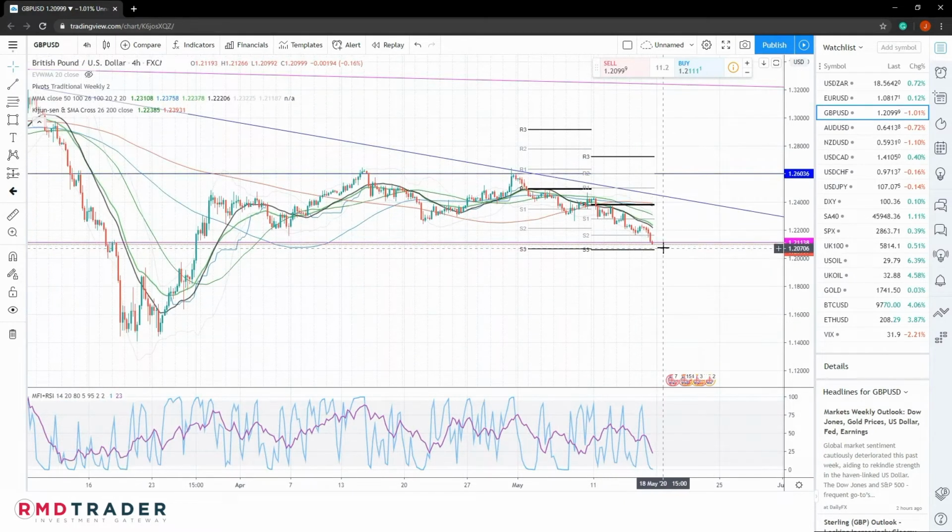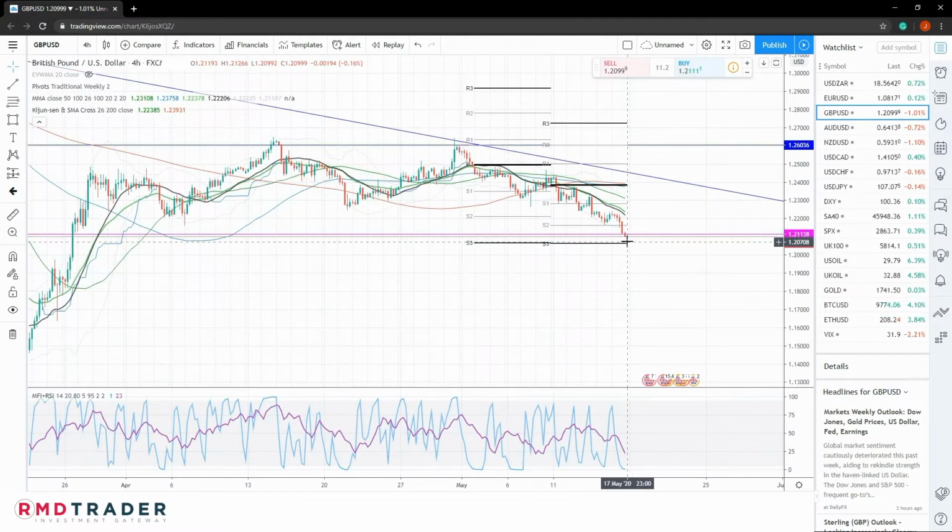And this could be the catalyst for either a strong breakout or a pullback to this level of resistance where our 4-hour 200 SMA and our weekly pivot level from this past week is sitting.